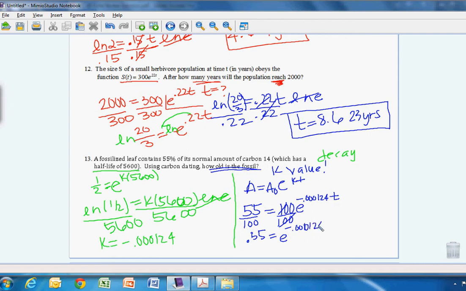Okay, so now over here we have natural log of 0.55 equals, oh, I'm going to have no room. Let me just try to move this.